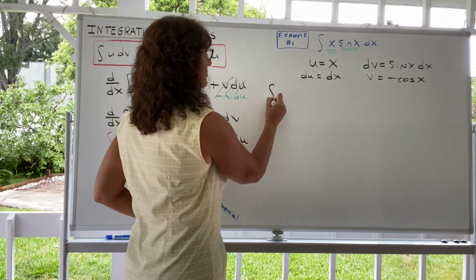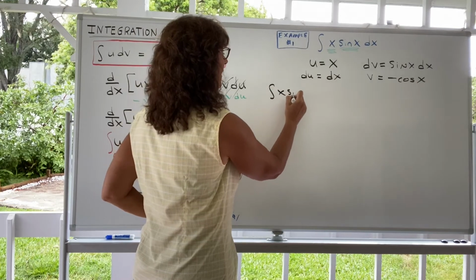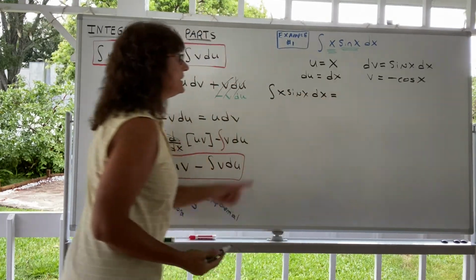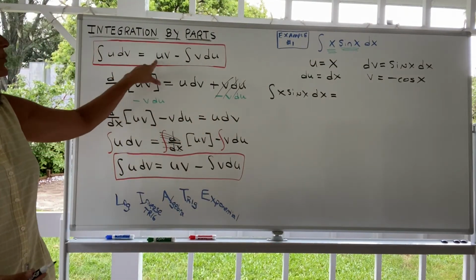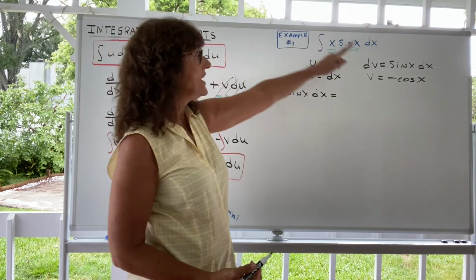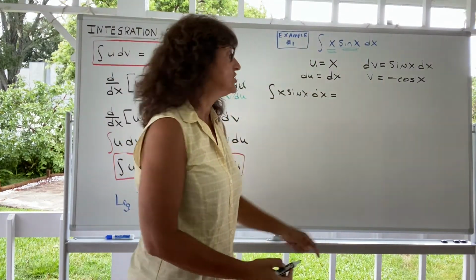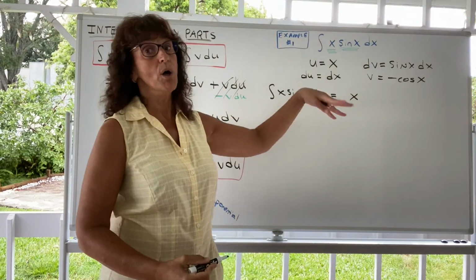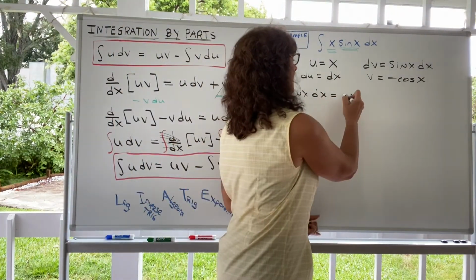All right, so now let's go ahead and put it all together. Our integral problem here: we want to integrate x times sine x dx. So what do we need to do? We want u times v. We want to take u and multiply it by v. U is x, so we take x and multiply it by negative cosine x, and I'll pull the negative out front.